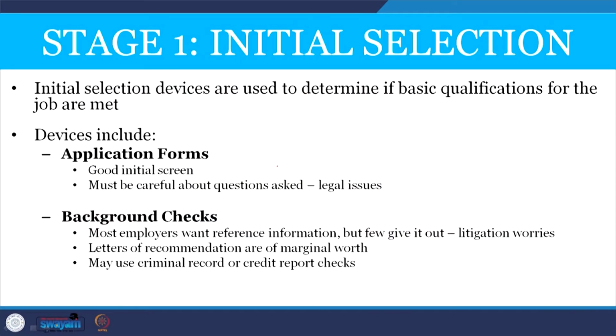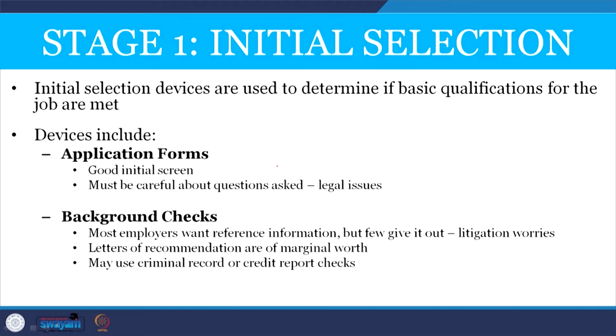In stage 1, that is initial selection, initial selection devices are used to determine if basic qualifications for the job are met. Devices include the application form and the background check.